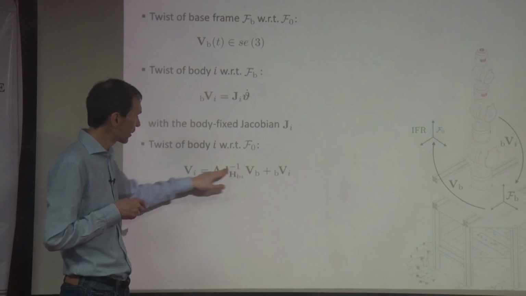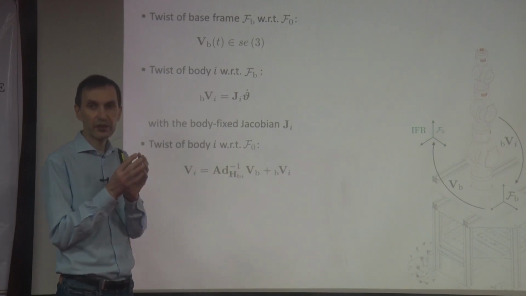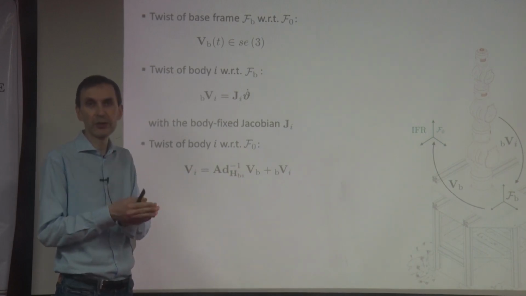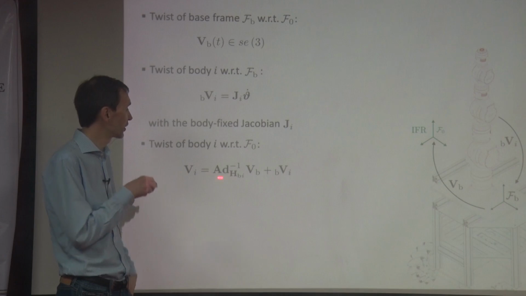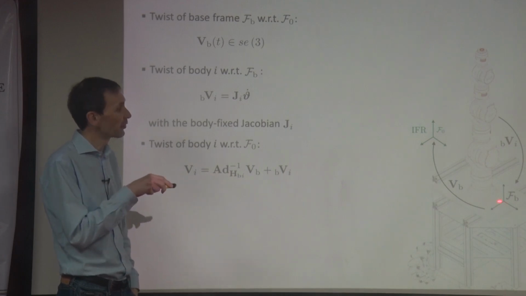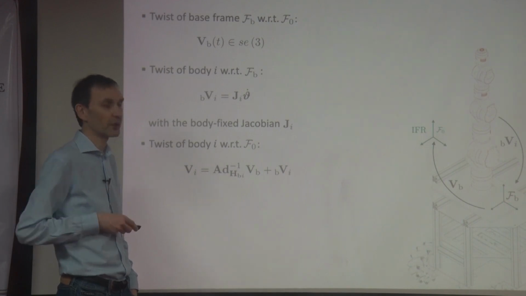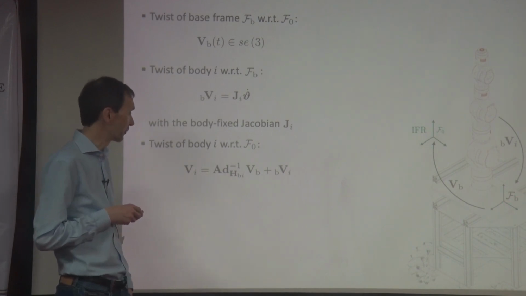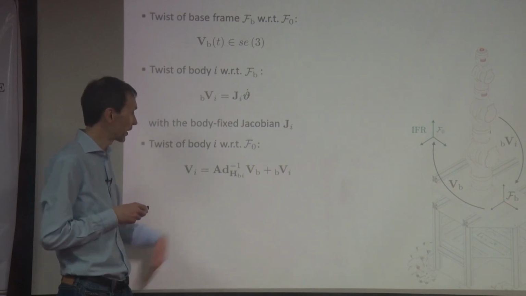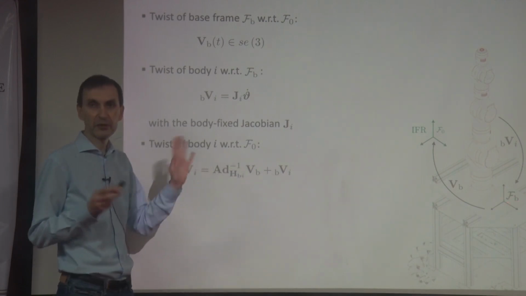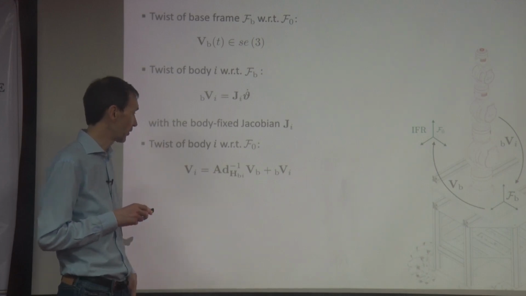And remember, the adjoint is the thing that does the same, but for screw coordinates. So the twists are transformed by the adjoint of this inverse. It transforms twists expressed in the base frame to those in the I frame. So now we're transforming the base twist to the I frame, and that's it. And then you can sum them up. Otherwise you couldn't sum them up.